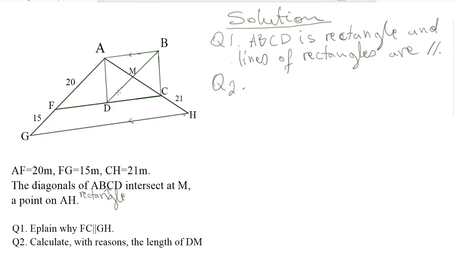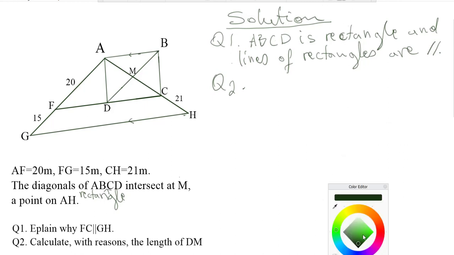The first thing we have to say: since this is a rectangle, we already found that FC is parallel to GH, so we can add this sign to show they are parallel, all right?